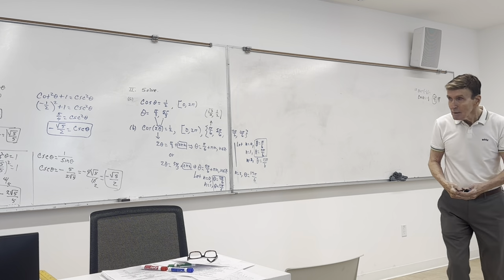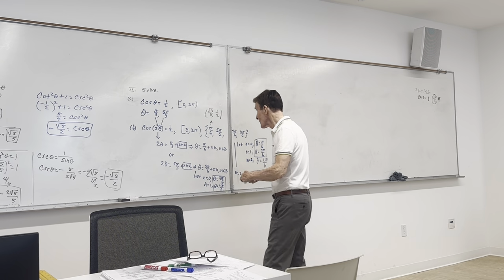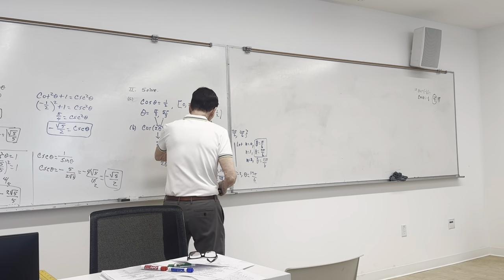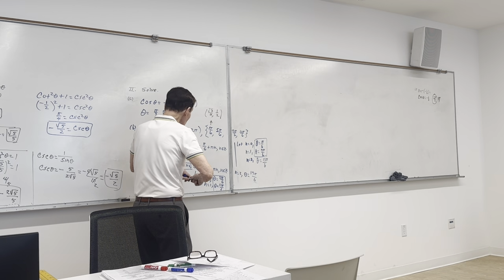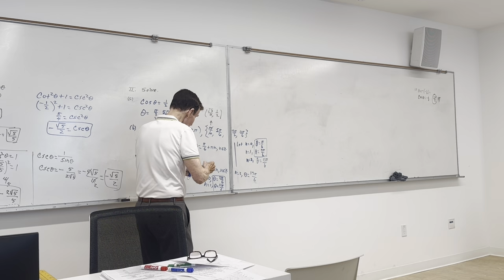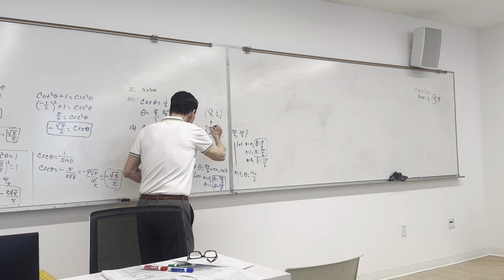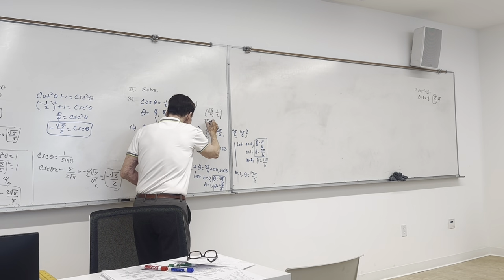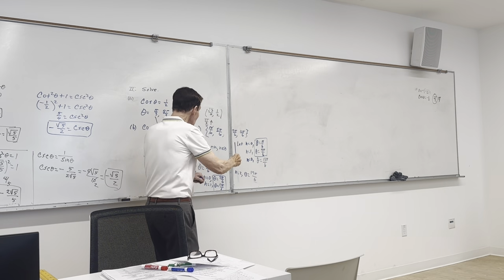Now, let's put it correct here. Billy, look at this. Actually, that's the point here. So here, it's not pi over 6, it is pi over 3. I heard pi over 3. It's right here. 60 degrees. Not this one.